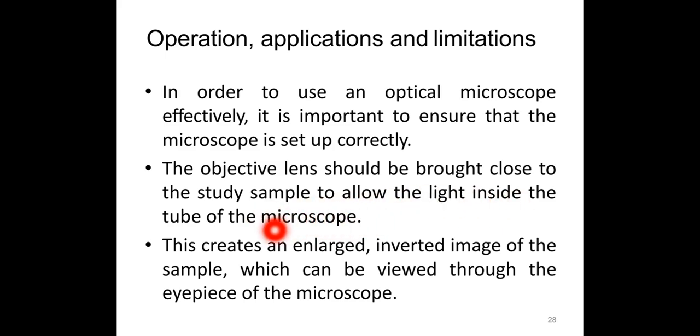So what will happen? This creates an enlarged inverted image of the sample. The magnified image will be an inverted image, and that is known as a virtual image. That is not the real image, that is the virtual image, which can be viewed through the eyepiece of the microscope.